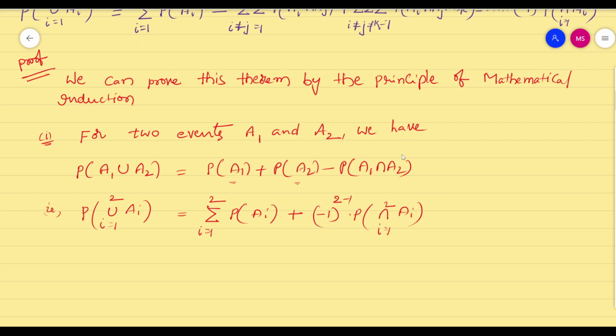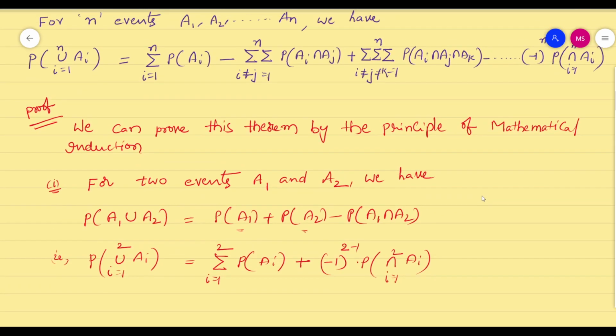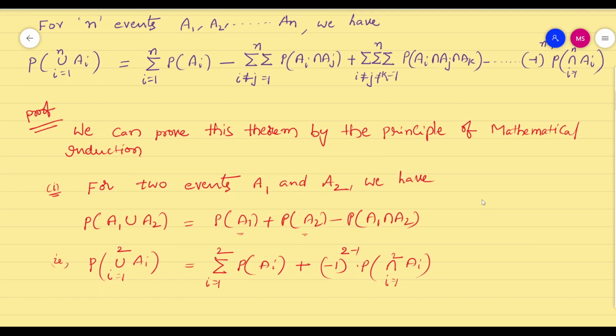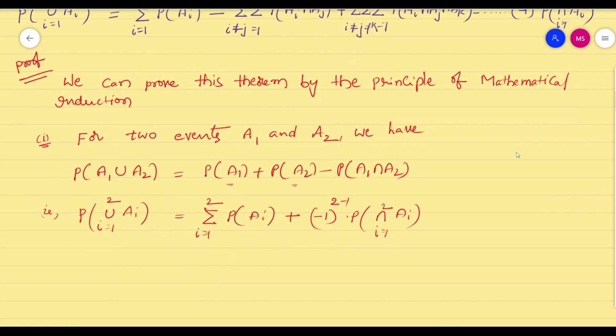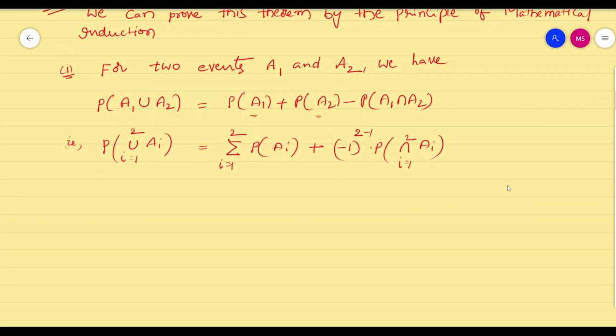Observe our statement compared to this result. P of union i equal to 1 to 2 of Ai is equal to summation i running 1 to 2 of P of Ai, plus and so on, minus 1 whole to the power of n minus 1, where n is replaced by 2, so 2 minus 1, into P of intersection i equal to 1 to 2 of Ai. Therefore our result is true for n equal to 2.